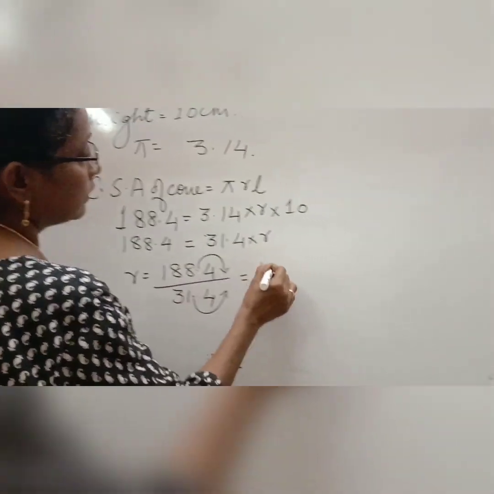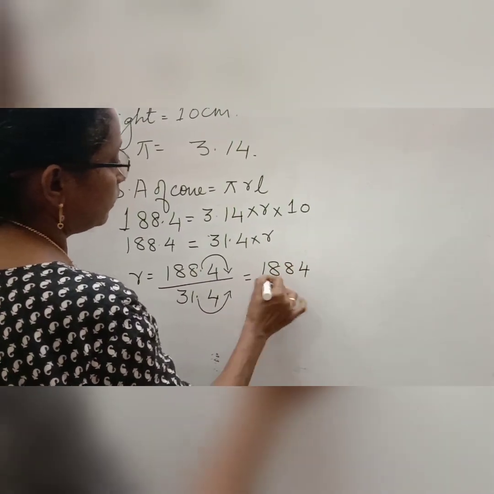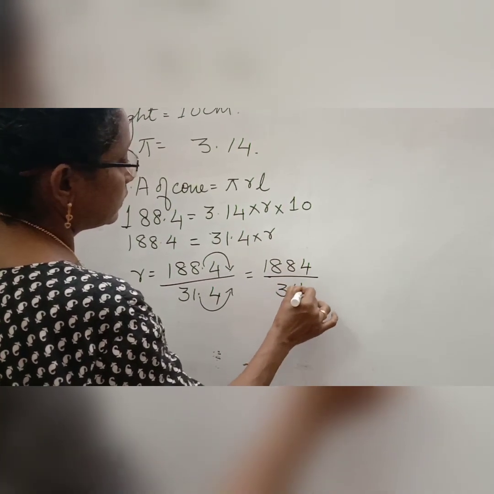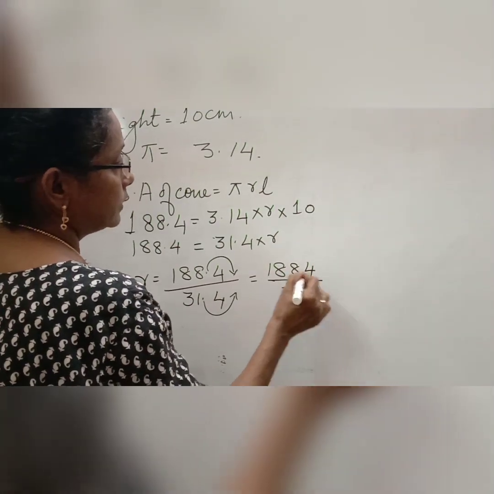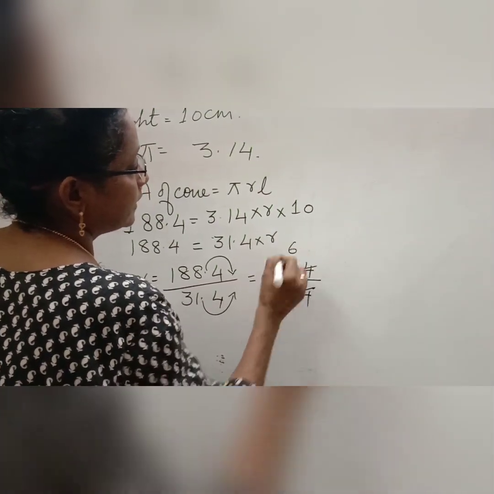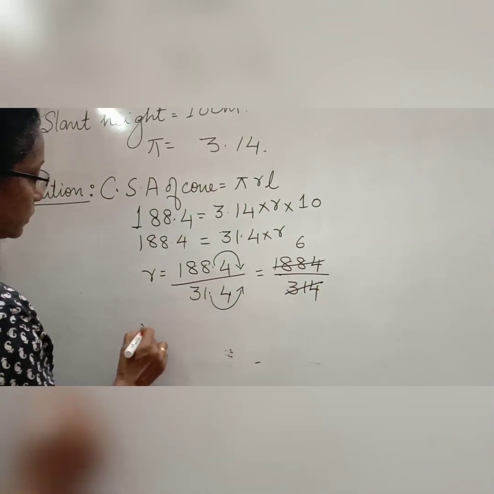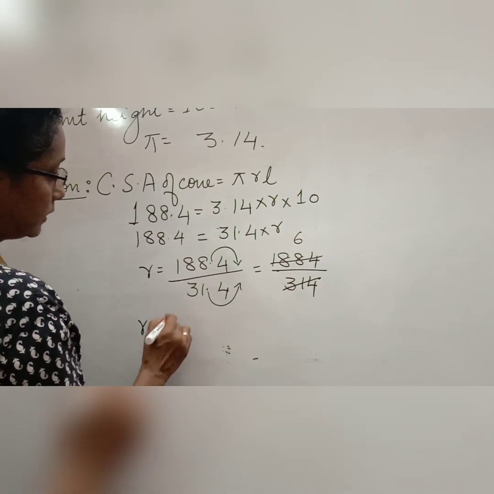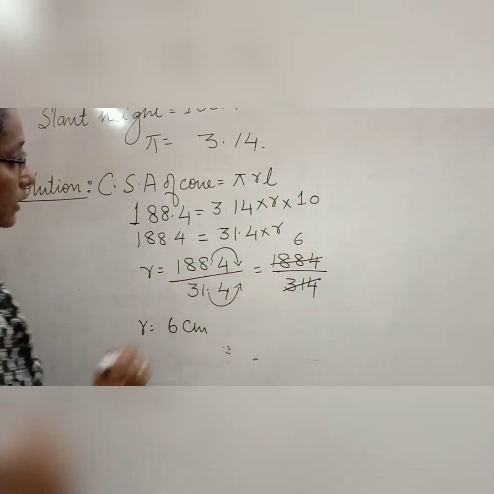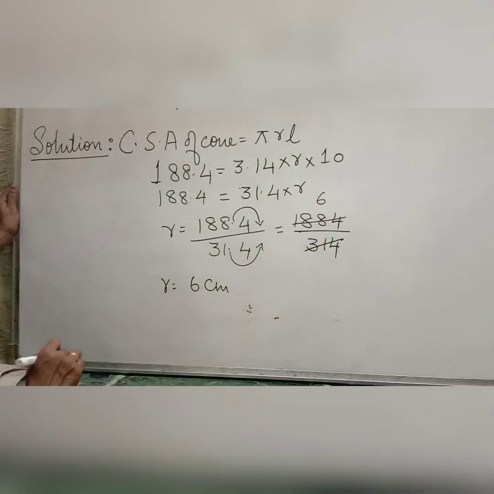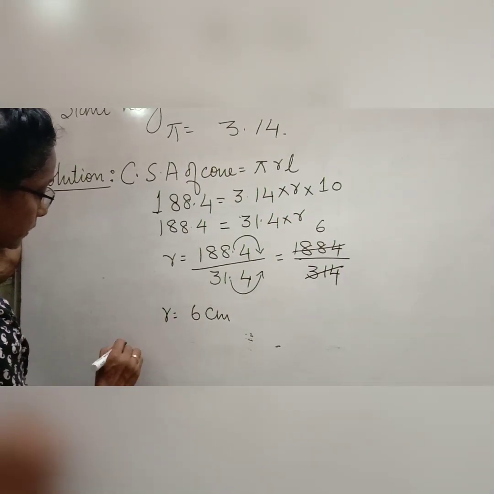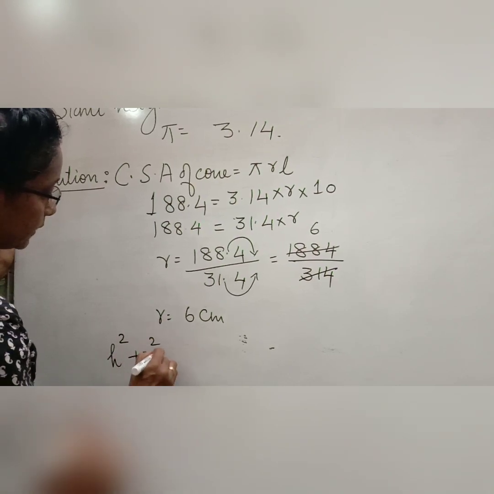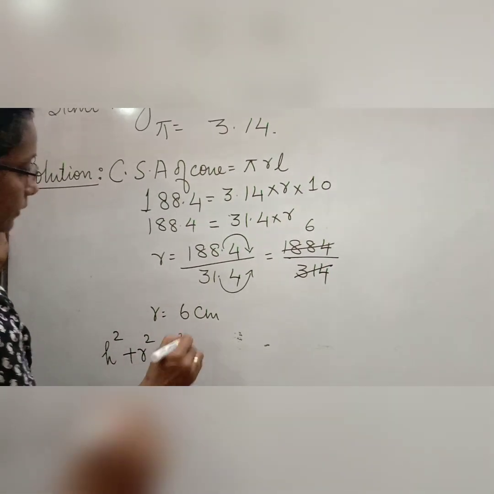So we are getting 1884 upon 314. So 314 multiplied by 6 is 1884. So r is equal to 6 centimeter. Now we have to find the value of h. So h square plus r square is equal to L square.